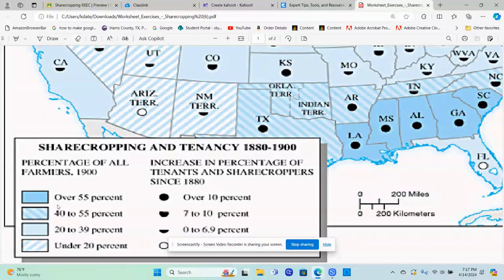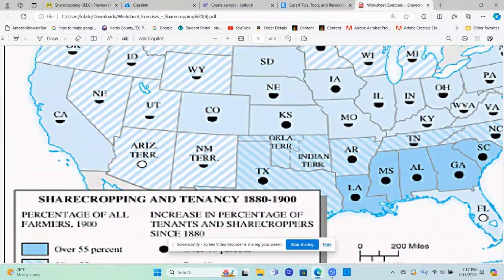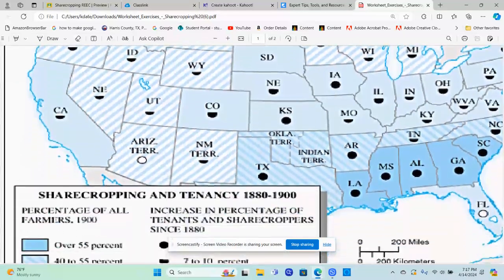So that means that it is 40 to 55%. And when you go over to Louisiana, you will notice that it has over 10% and it is over 55% because it's all dark. So that's how you're going to read this map, okay?